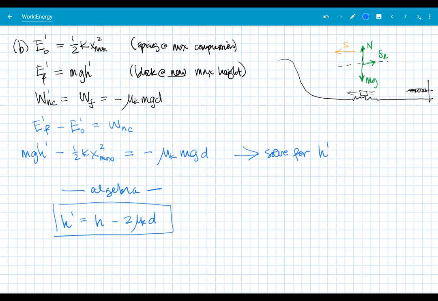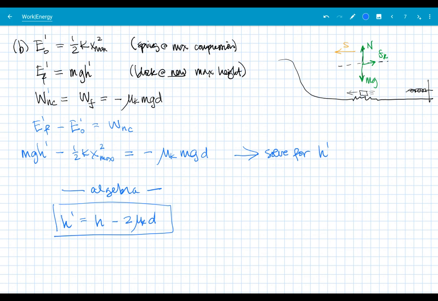If you're coding this, and the user put in a coefficient of friction of 0, then you could see that the block would go back up to its original height. The size of the frictiony patch is going to matter too. The greater d is, the lower that block is going to come up, because the more you're subtracting away from the initial height.